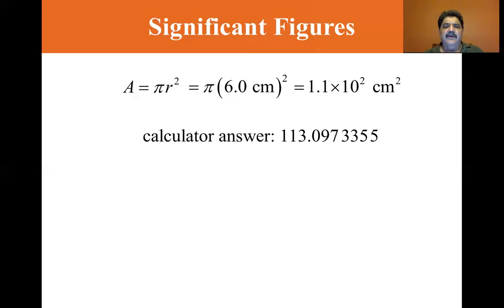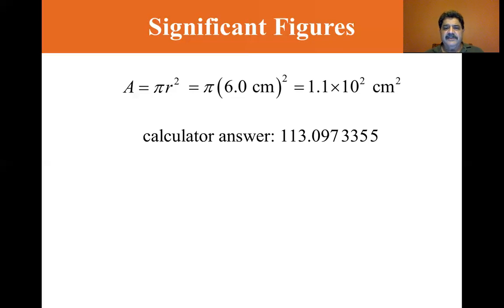So the calculator may give you an answer of 113.0973355. All those digits after the decimal mean nothing, and the 3 means nothing because we only have 2 significant digits. So don't report your result as 113 centimeters.